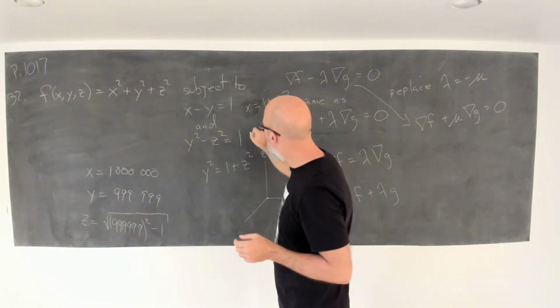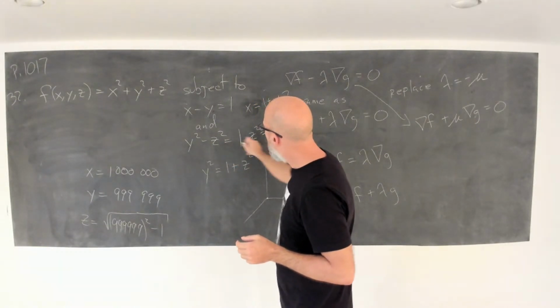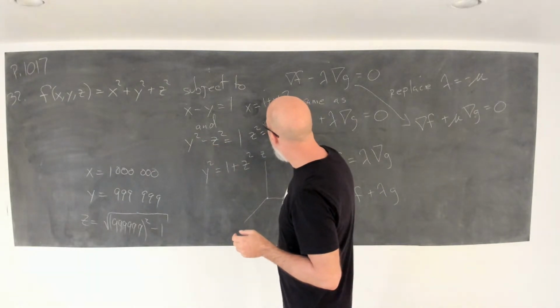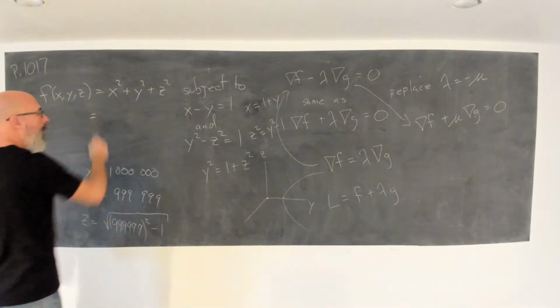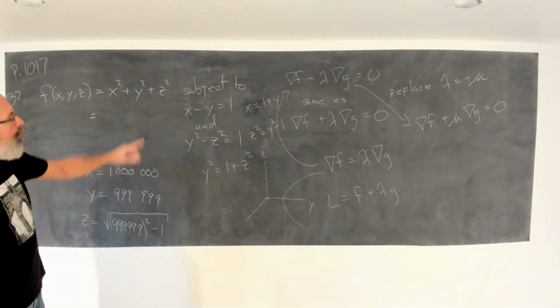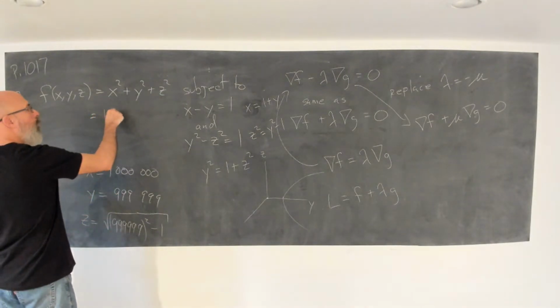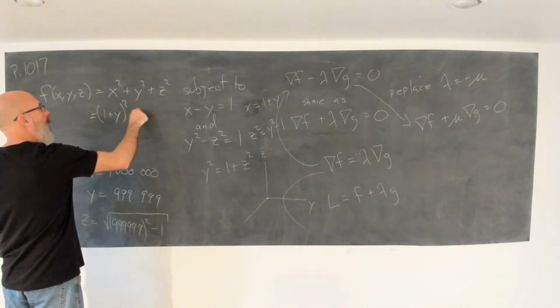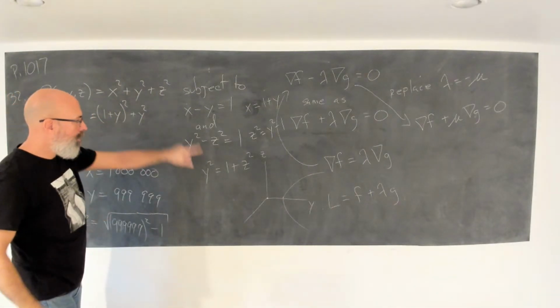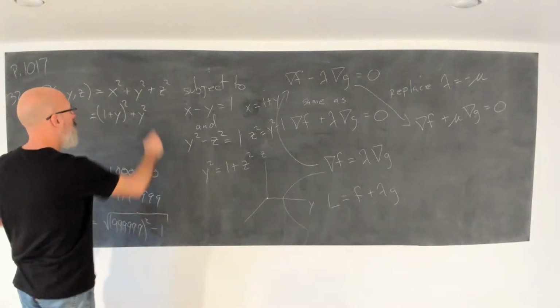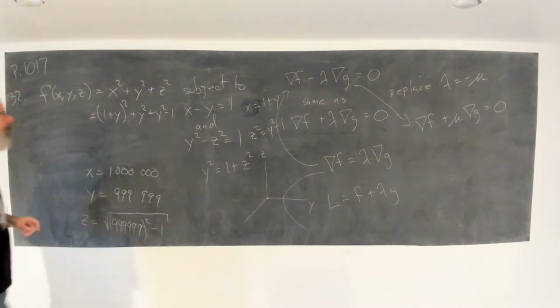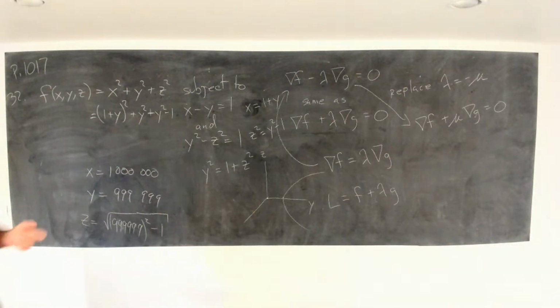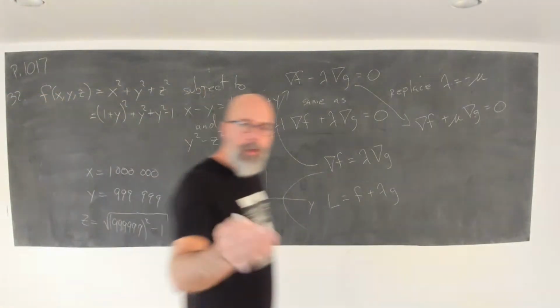Here you're going to write z squared as y squared minus 1, and you can plug everything into here. So x is 1 plus y all squared, y squared, and z squared is y squared minus 1. There you go. So now you have a function of only one variable. That's very nice. Very nice.